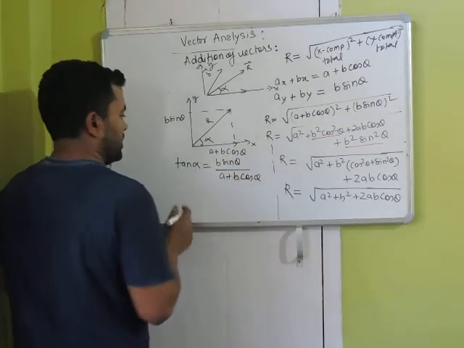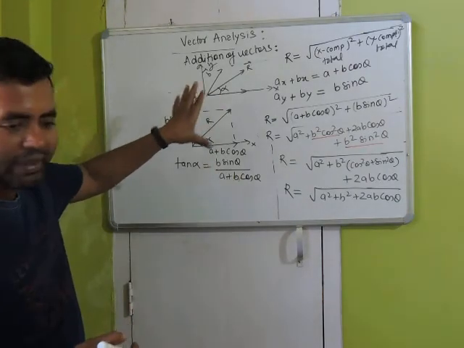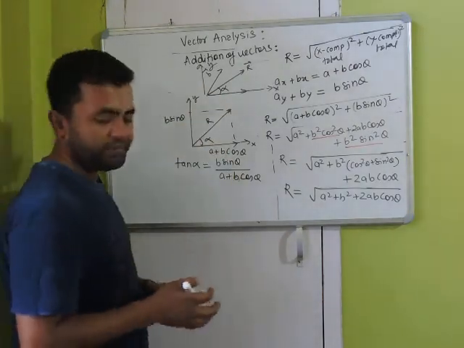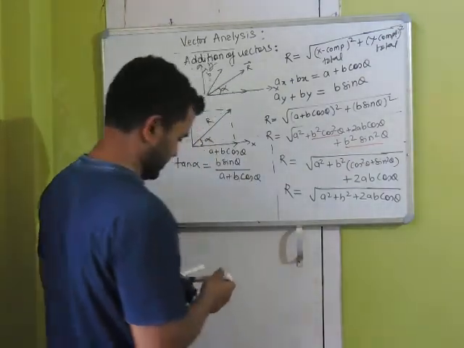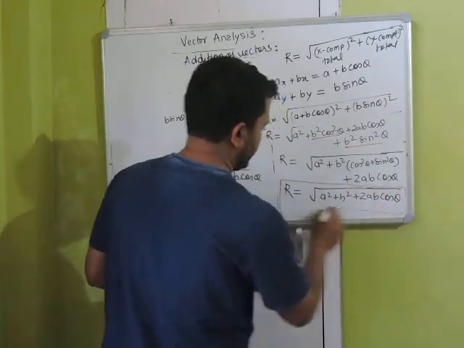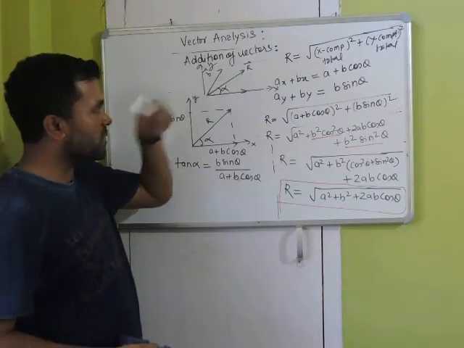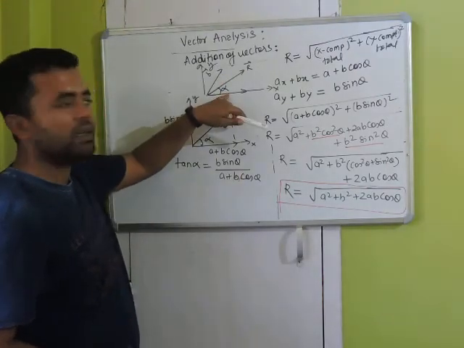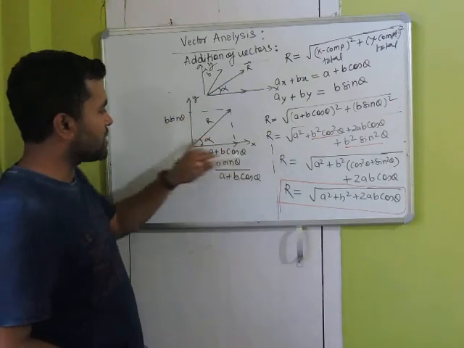Now three things quickly. If you add vectors a and b having angle theta, then their magnitude is given by this, and the direction of the resultant, at which direction it acts, is given by alpha, and that tan alpha is given by this.